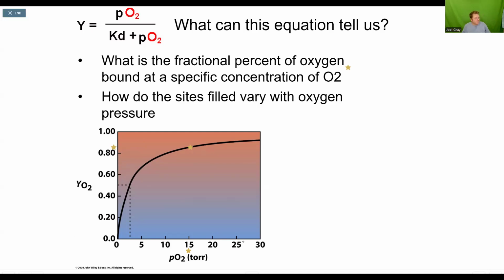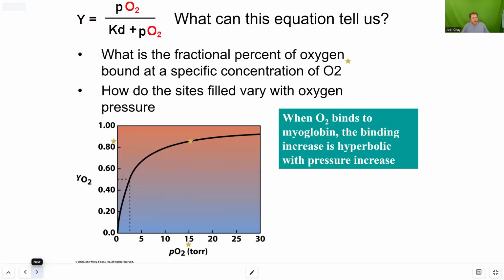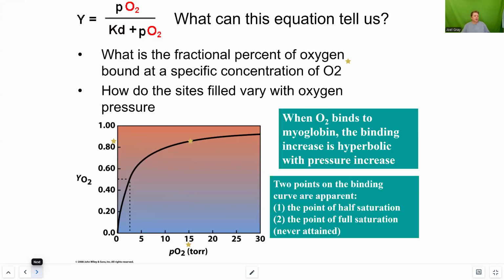Now, with that said, along that x-axis, if you move to the right or move to the left, you're increasing or decreasing the O2 concentration, or the partial pressure of O2, and therefore that myoglobin protein is becoming more saturated or less saturated. Now, when O2 binds the myoglobin, the binding increase is hyperbolic with the pressure increase. There are 2 points on this binding curve that are very important.